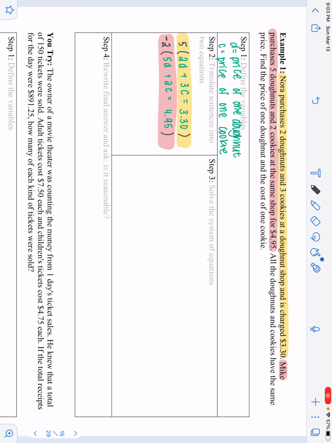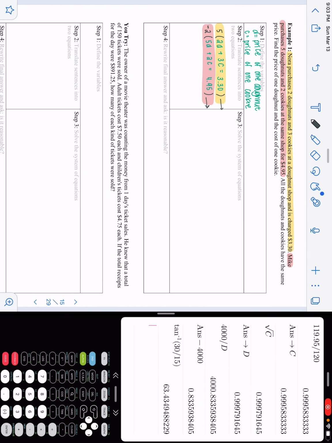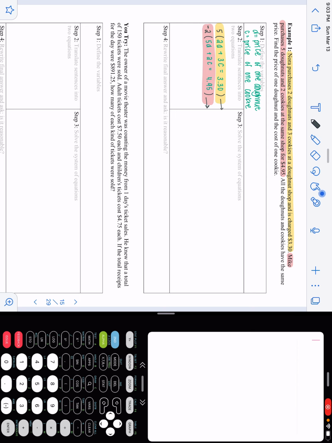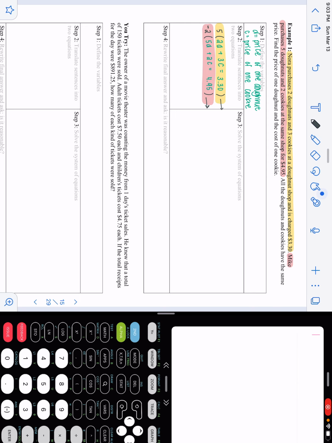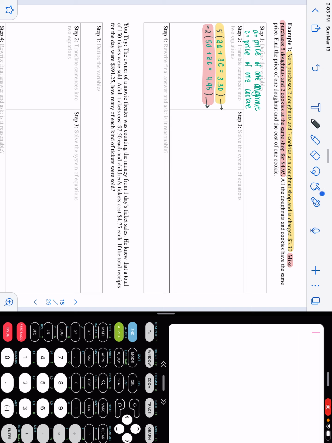And now let's multiply. Let me pull out my calculator. Okay, so 5 times 2 is 10D plus 5 times 3 is 15C equals... here's where I need my calculator. $3.30 times 5 is 16.5.